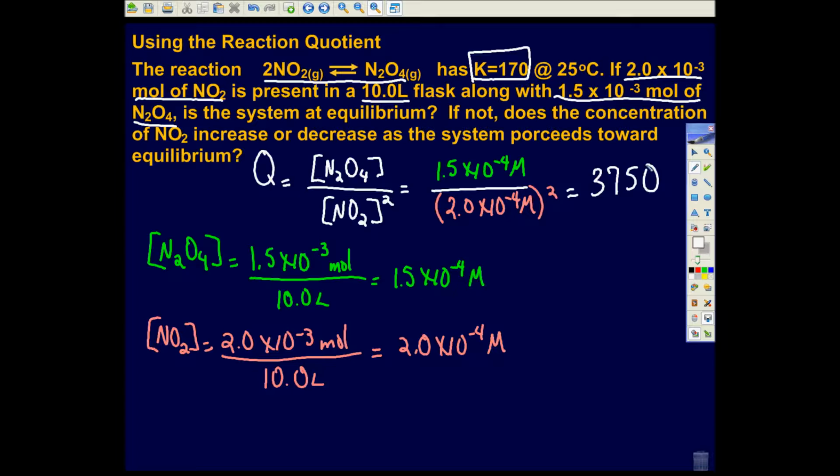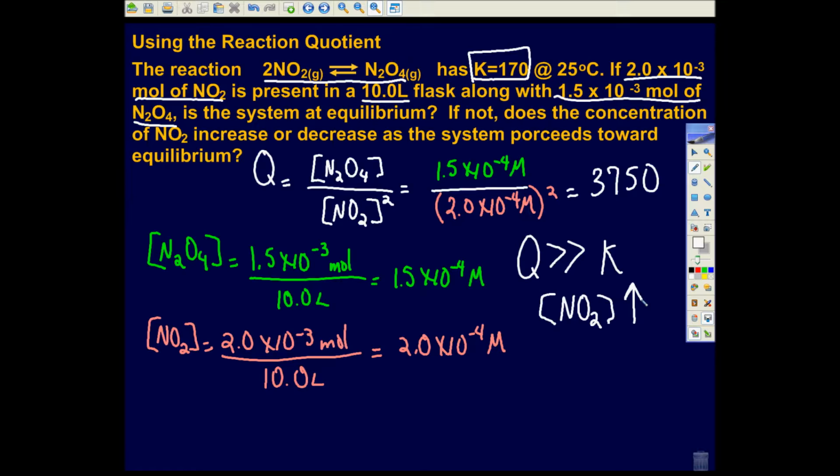So in this example, you can see that Q is much larger than K. And when Q is much larger than K, that means that this reaction is reactant favored, and the concentration of NO2, which is your reactant, is going to increase quite a bit.